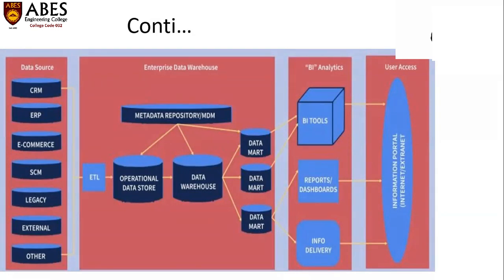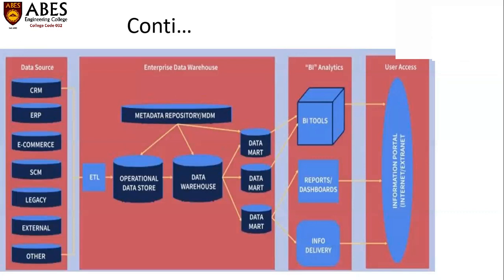This data is processed with the ETL tools, which provide the data to the operational data store. Then comes the role of the data warehouse, and from the data warehouse, as per the need, the data goes into different data storages of small size called data marts. Data marts are specific data storages for specific purposes, and from the data marts the data goes to the BI tools, report dashboards or information delivery.